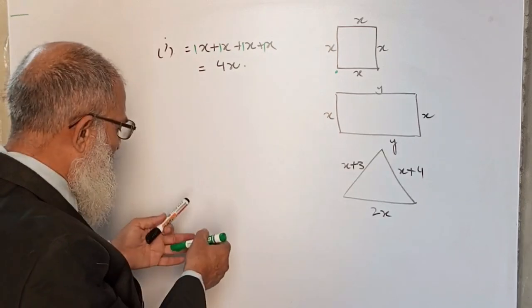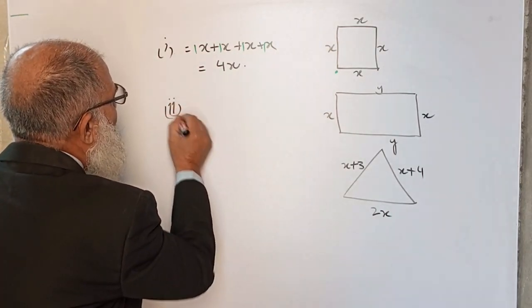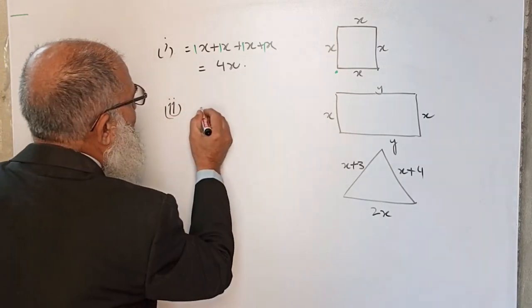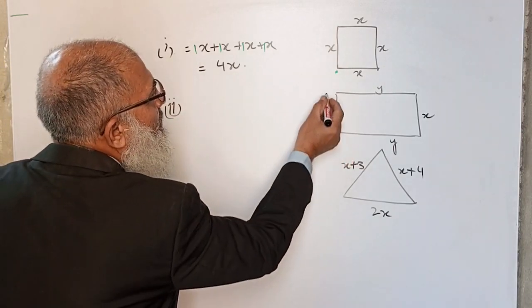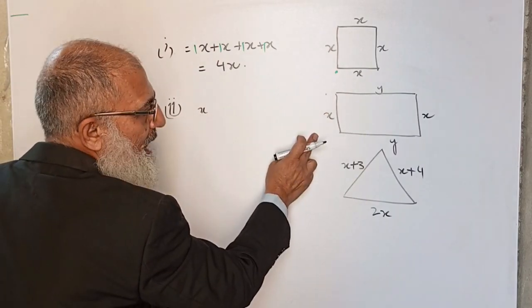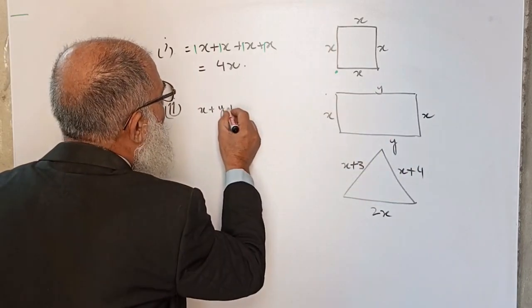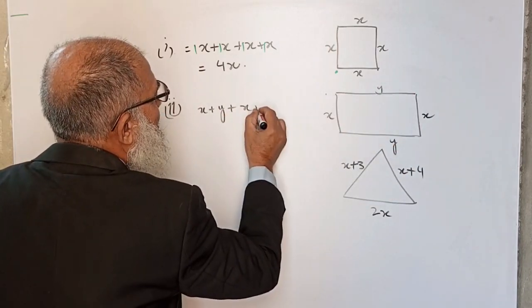So in our second case, which is the rectangle, if we travel, let us say from this point, we first traveled x, then we traveled y, then again we traveled x, and then back we traveled y.